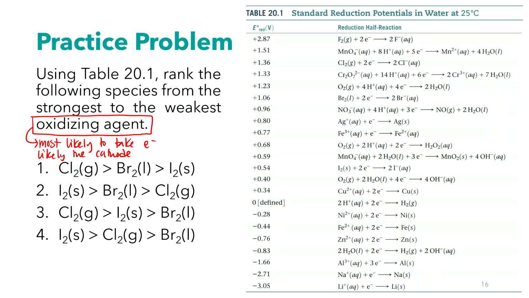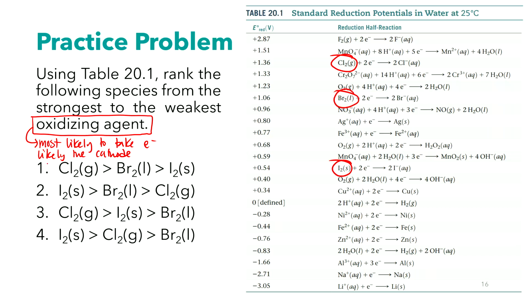All right, so I want positive standard reduction potentials, and I'm going to take the reactant, because if I take the product, those are things that have already received the electrons, so they wouldn't actually be good at taking any more. So I'm going to take chlorine, there's bromine, and there's iodine.